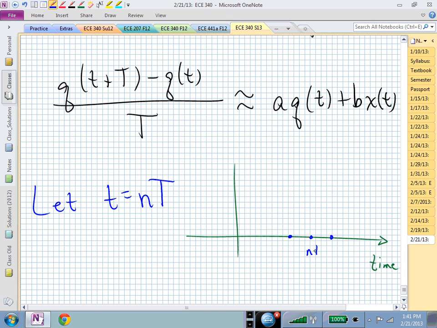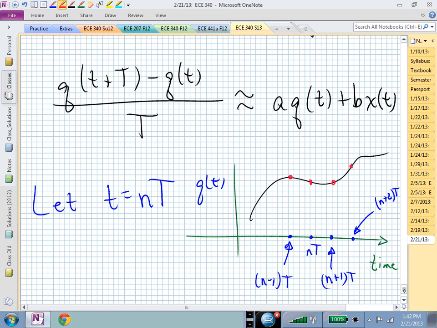If this is nT, this point is n plus 1 T, this point is n minus 1 T, etc. And if this was q of t, we've now said, oh, we're interested in that, and that point. Those are our q of nT's.